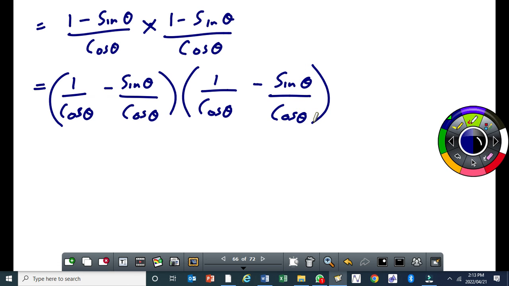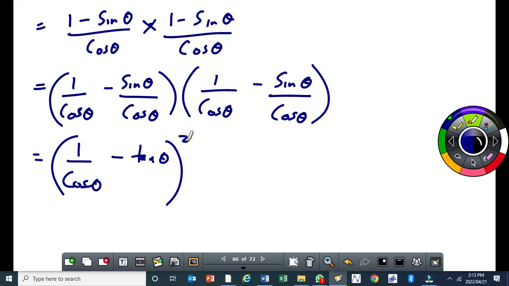Now I'm sure you can see that they are identical, the two binomials. This is equal to tan, so I can write this 1 over cos theta minus tan theta. This is also equal to tan theta and it's identical to that binomial. So I can put my square. Okay? Are you following there?